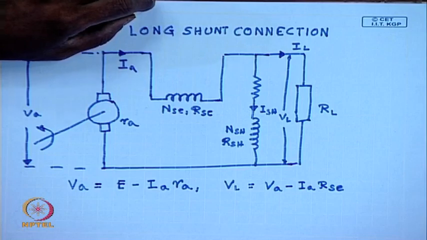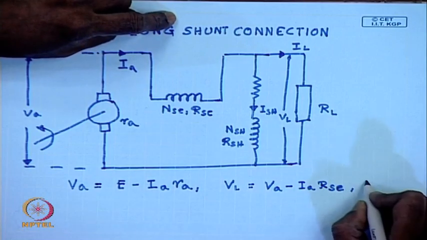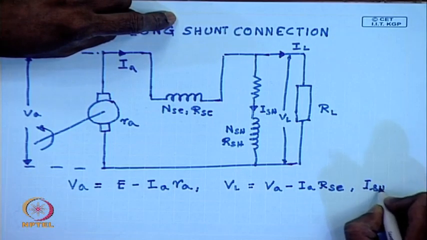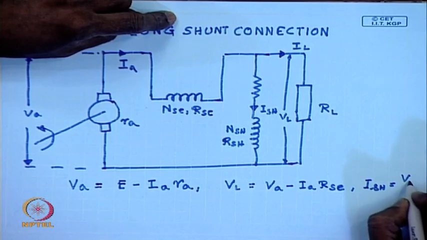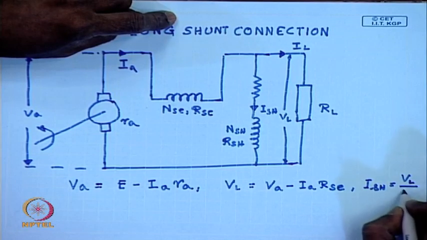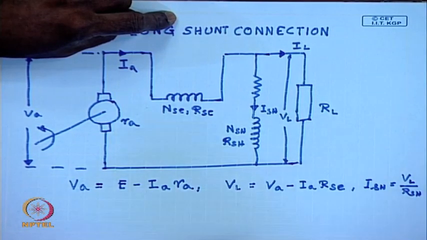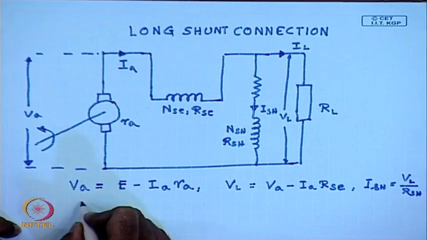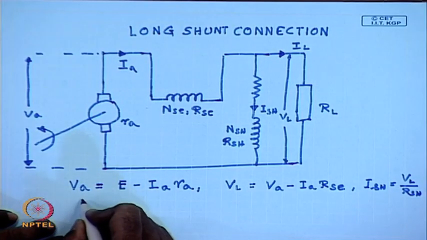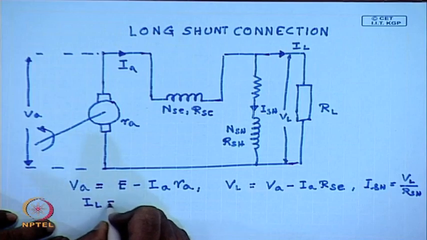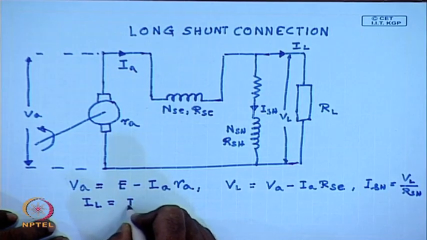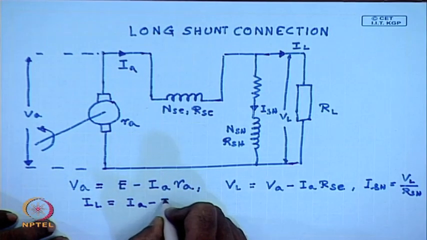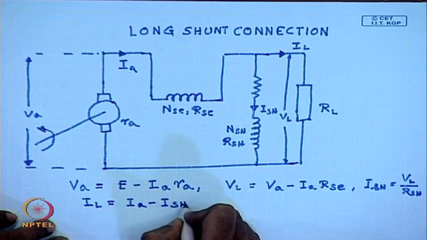where ISH equal to VL by RSH, IL equal to IA minus ISH.